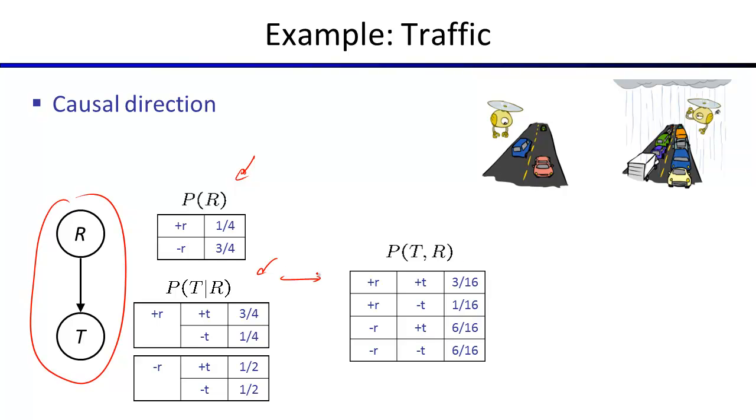For example, the 3/16 comes from plus R plus T over here, and plus R in this table here is just 3/4. Multiply them together, you get the entry in a joint table. Look at this table: 3/16, 1/16, 6/16, 6/16. We have 3, 1, 6, 6 as our joint distribution entries.